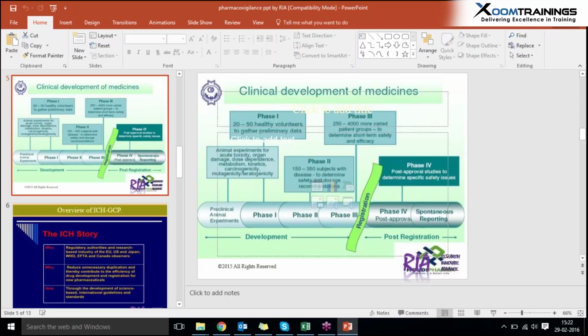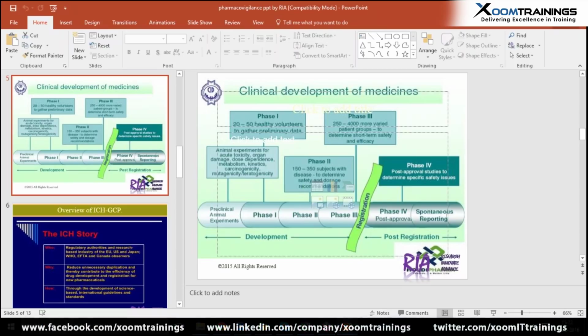Okay. So if it is not showing any harmful side effects, definitely your trial is going to proceed to phase 2. In phase 2, you are going to conduct this clinical trial on 150 to 350 subjects who are suffering from that particular disease.